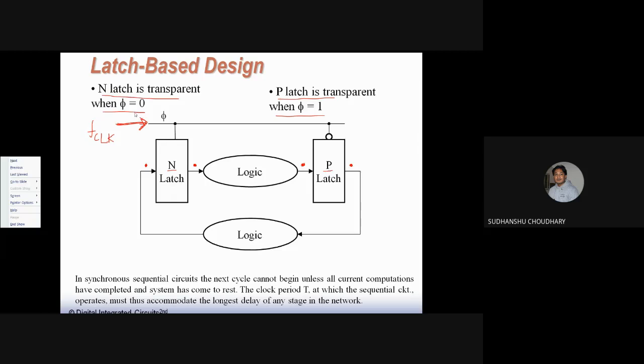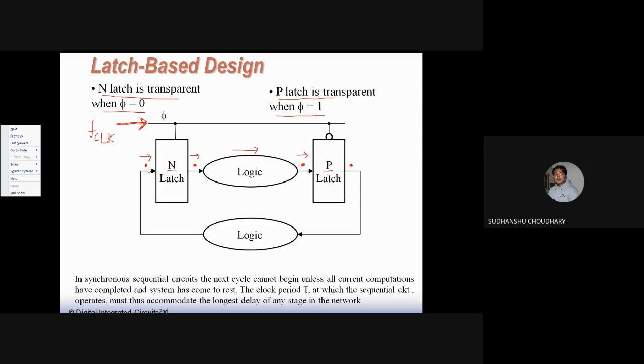So when clock is 0, in this cycle, my data which is present over here has to be processed by this negative latch, and then that data has to appear over here, and then go inside this combinational logic block. This combinational logic block will process that data, and then the data will be available here. That is one stage: during one clock cycle, when clock is 0, this much operation has to be performed by this circuit.